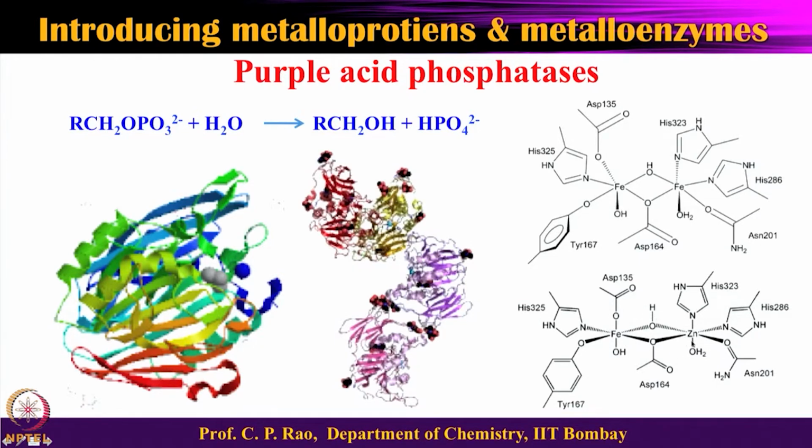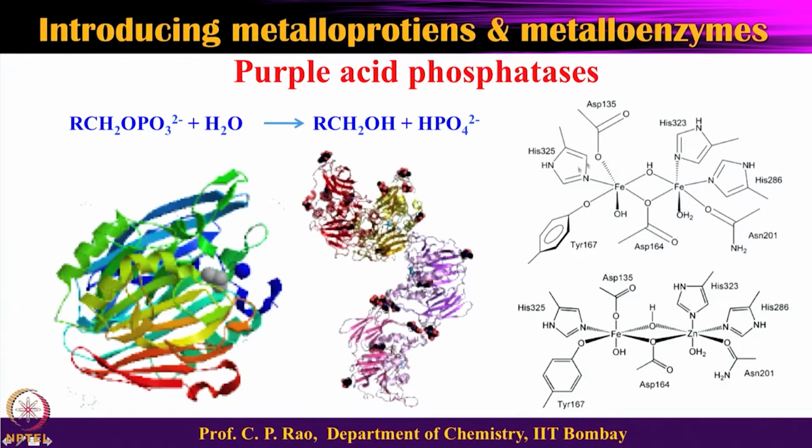The iron and the zinc have a very similar kind of binding centers, and therefore, the iron center is preserved. Therefore, the purple color is still retained because of the tyrosine to iron 3+ charge transfer transitions.